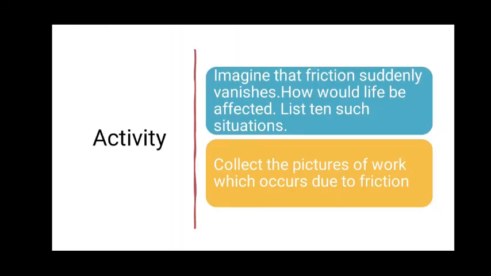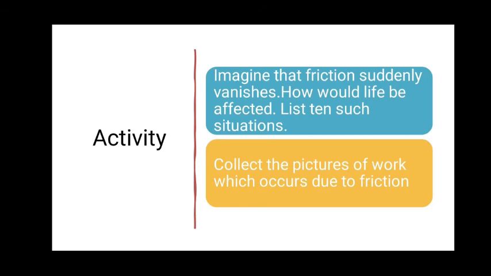So coming to the activity, what you have to do regarding this chapter in your project book is two things. The first thing is, imagine that friction suddenly vanishes. How would life be affected? List 10 such situations. In this chapter we have understood how important friction is.